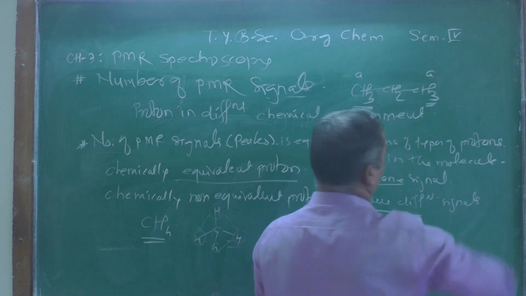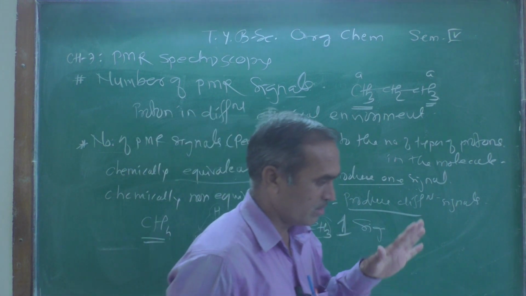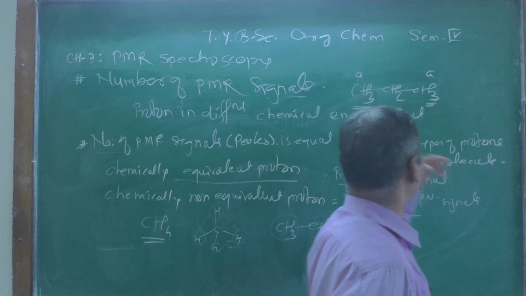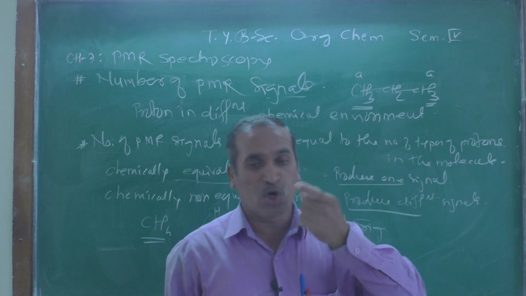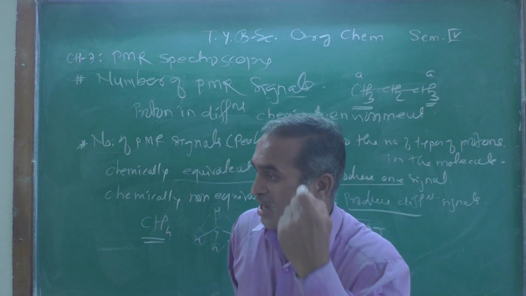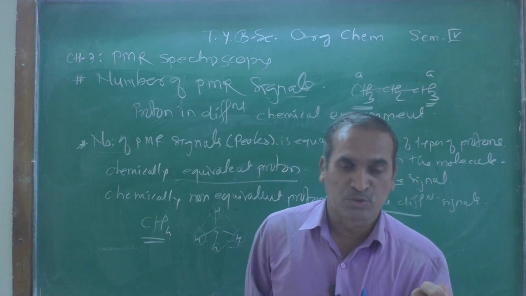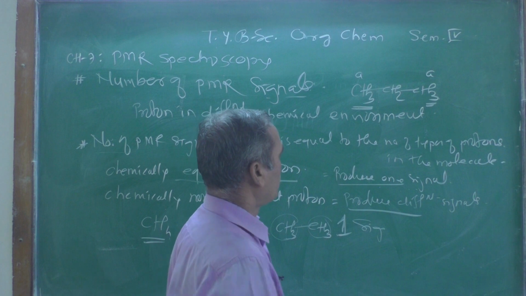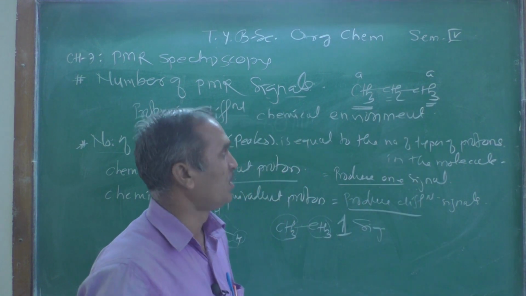So A and A give one signal, even though there are 6 protons present, because all these 6 protons are chemically equivalent, they will produce only one signal here. Now look at this methylene group, the CH2 group.